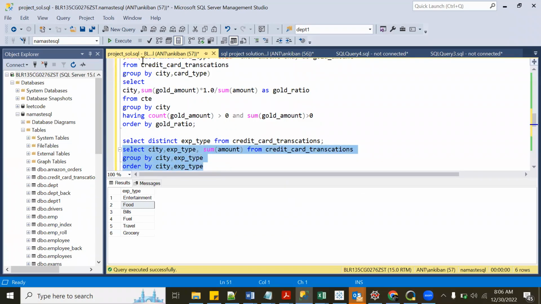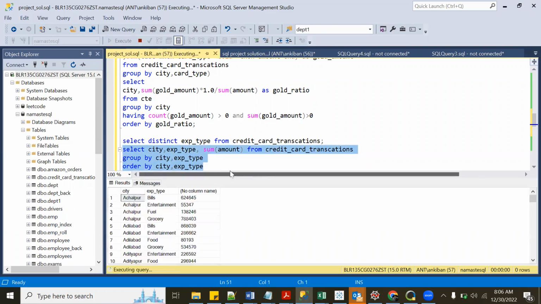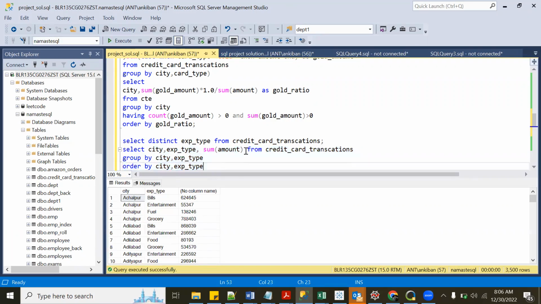Let me name it as total amount. If I run this.